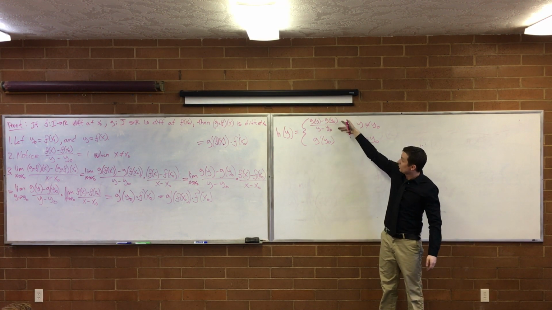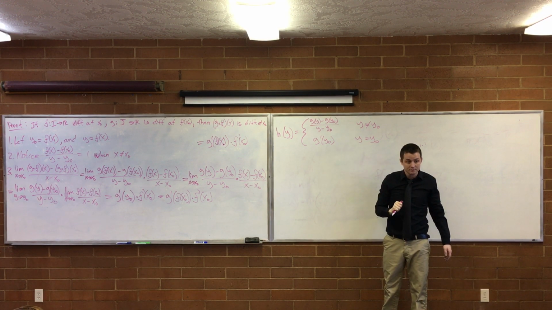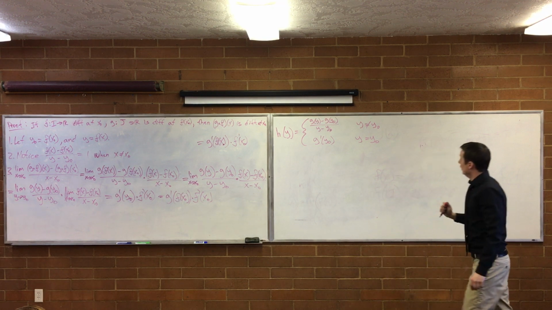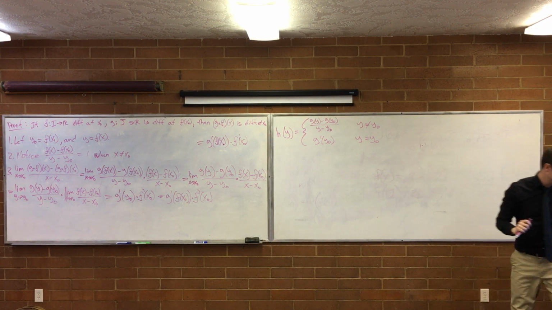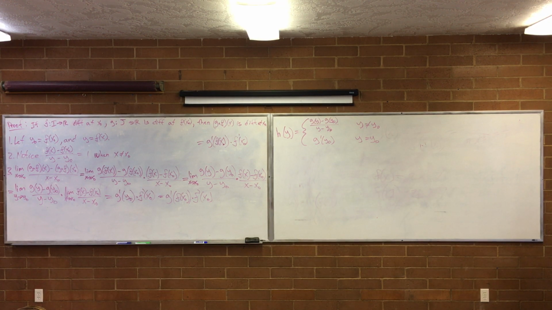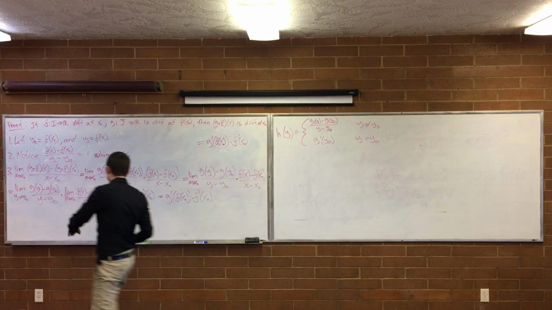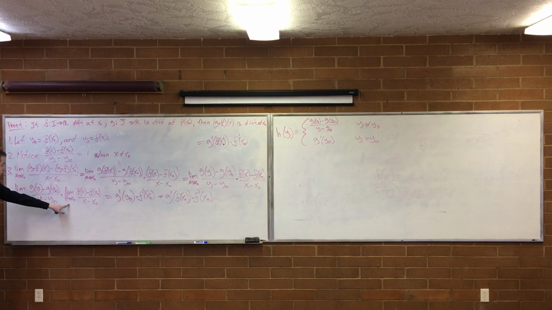And then up here, we're never dividing by 0. We're good, right? I'm going to start at this step again and not do what I did before.